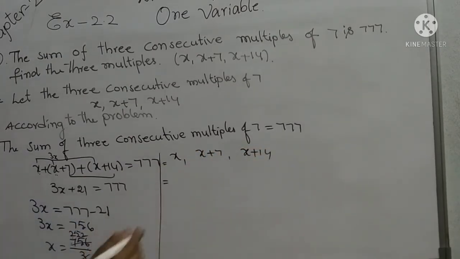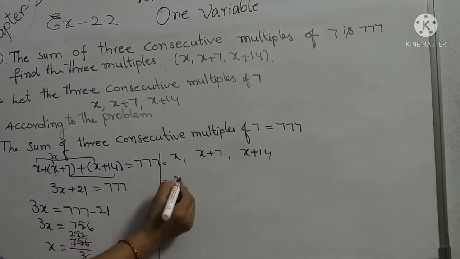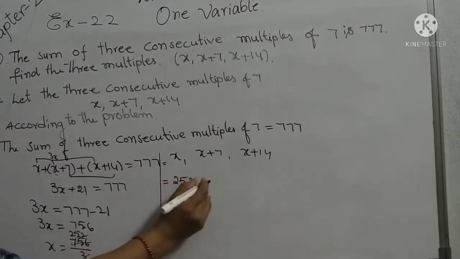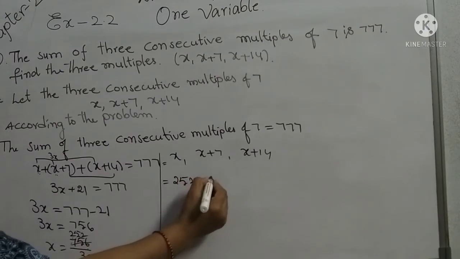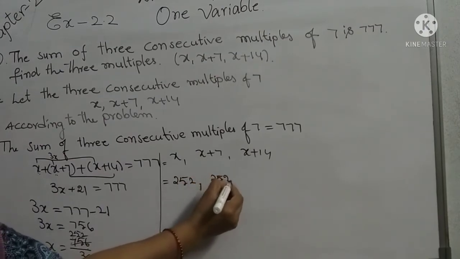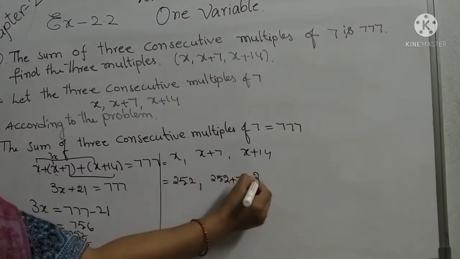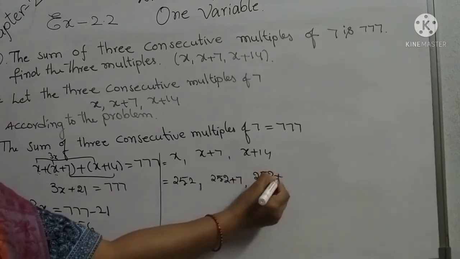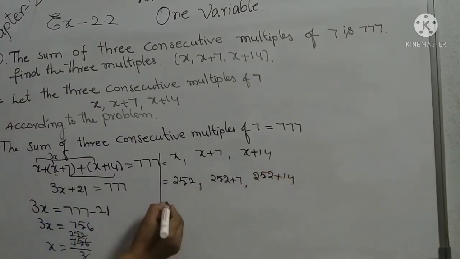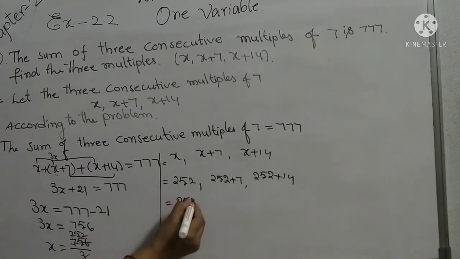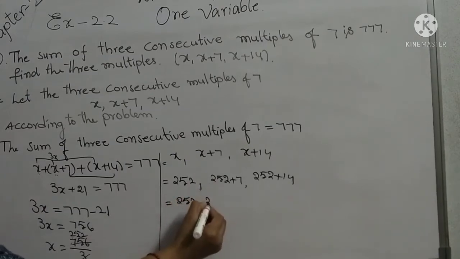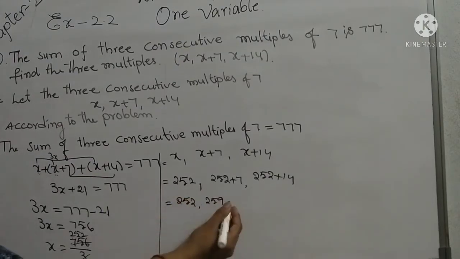What is the x here? 252, 252 plus 7, 252 plus 14. So finally 252, 259, next 266.